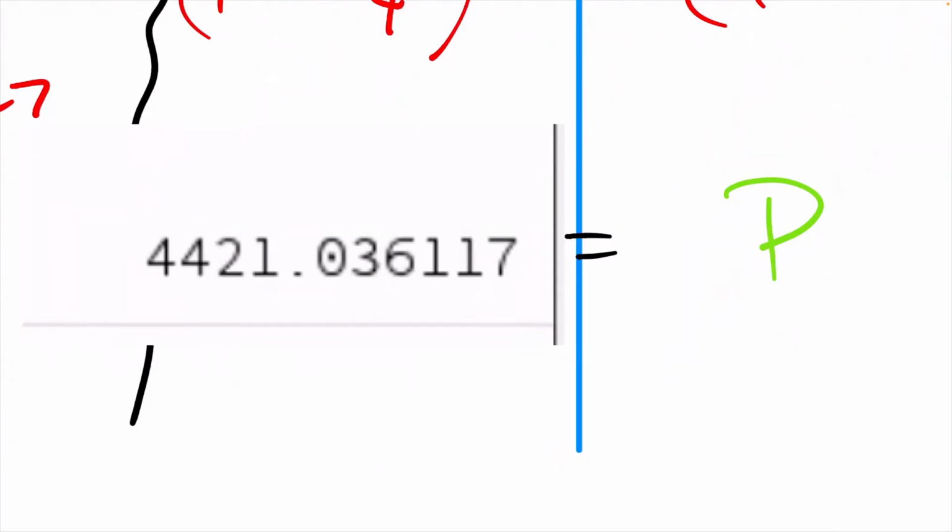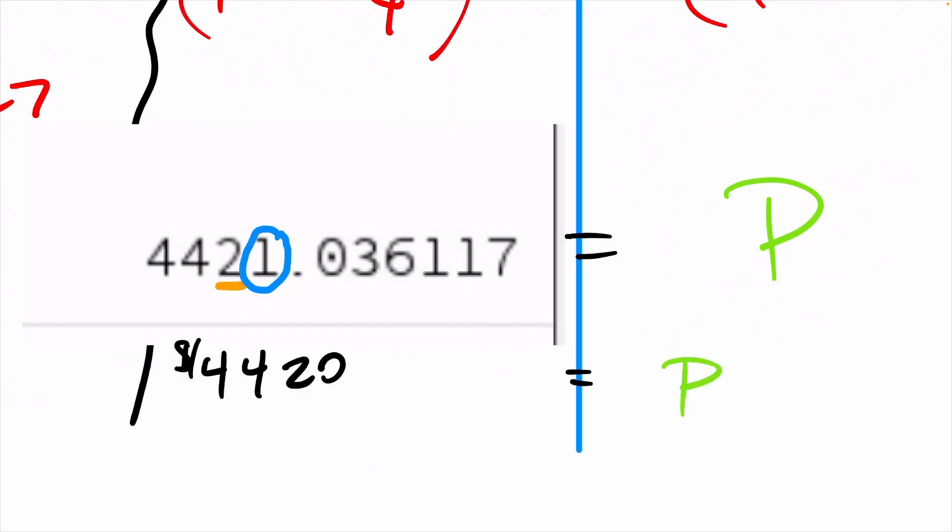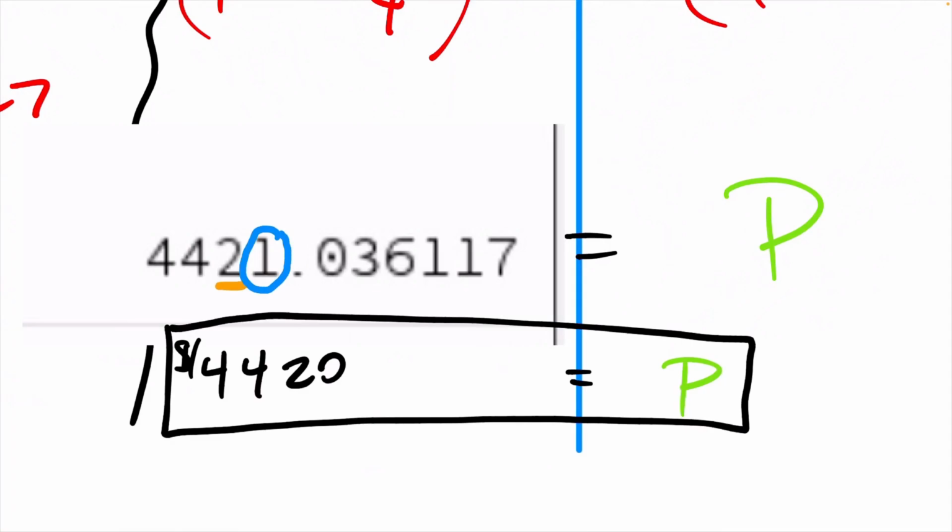The 2. The 2 is in the $10, so I always look to the right. That 1 says, nope, stay where you're at. So it's going to be $4,420.